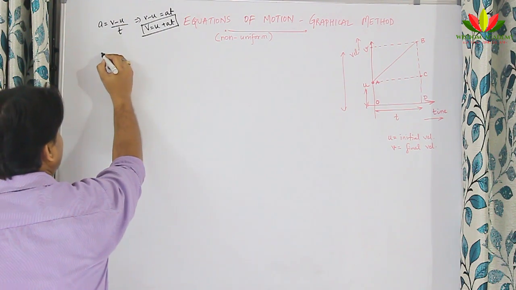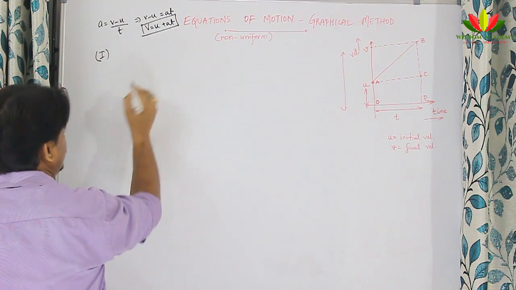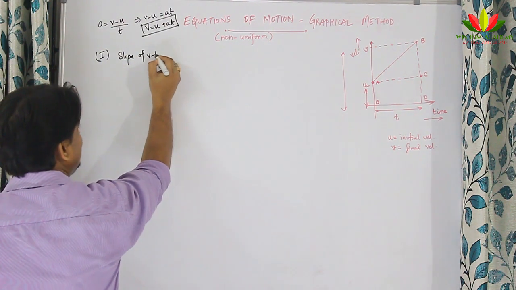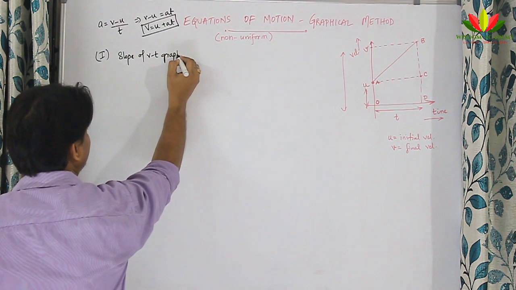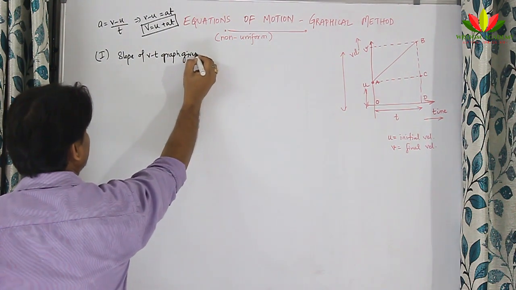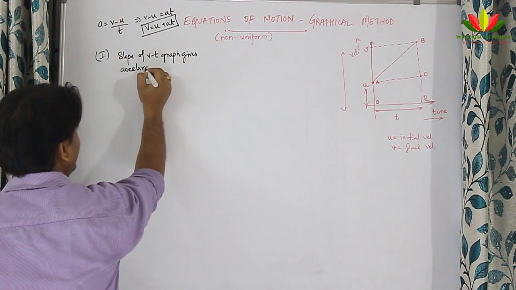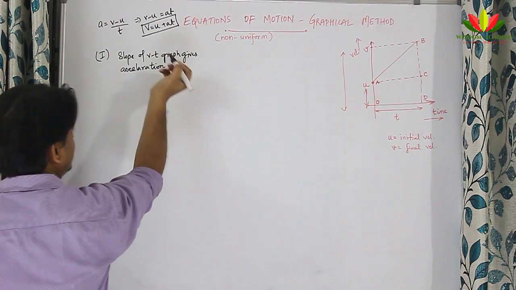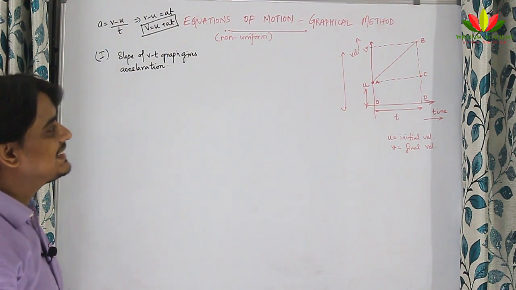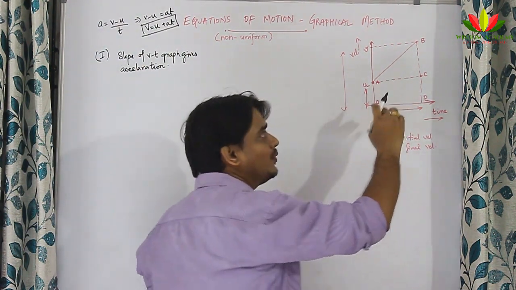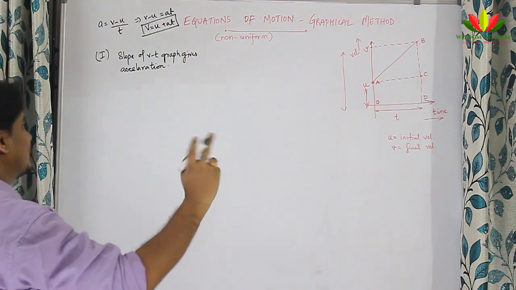So I am deriving the first equation of motion now. The slope of the v-t graph gives acceleration, right? So what is the slope here? Slope, I told you, is (y2 minus y1) by (x2 minus x1).